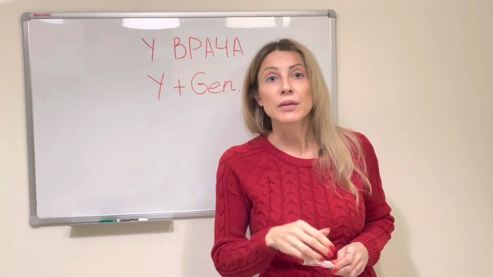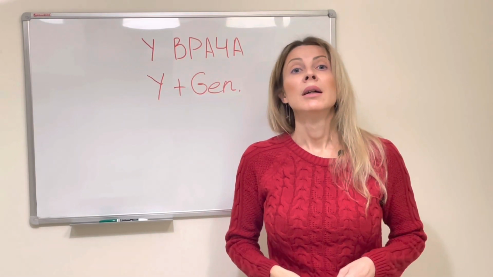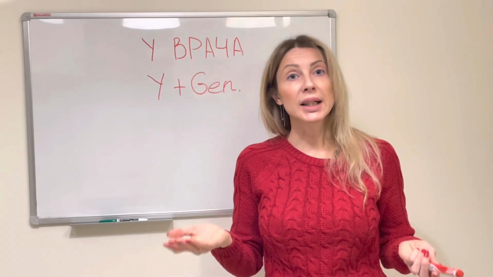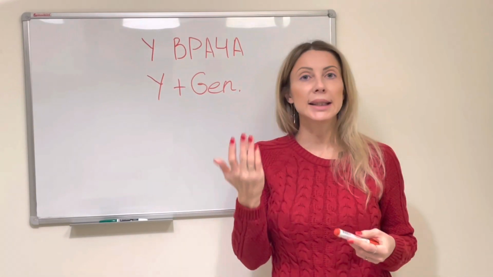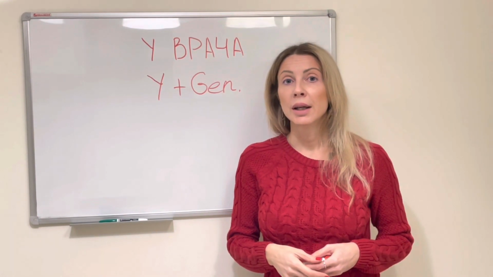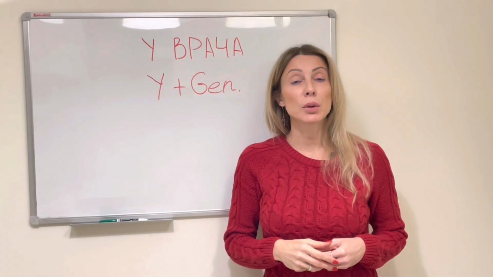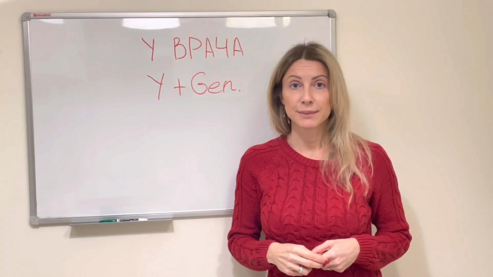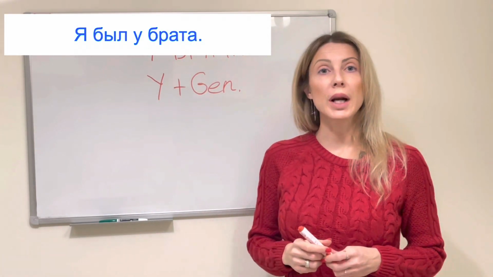is used after the verbs to be, быть, to be situated, находиться, and their equivalents, like отдыхать, to rest, жить, to live. But memorize it, never after verbs of motion, never, никогда. Example. Я был у брата.